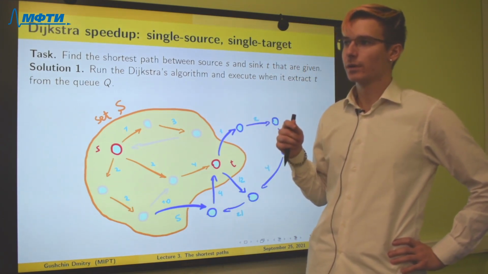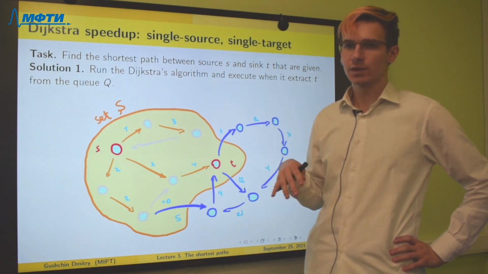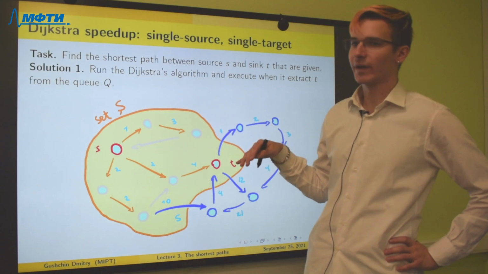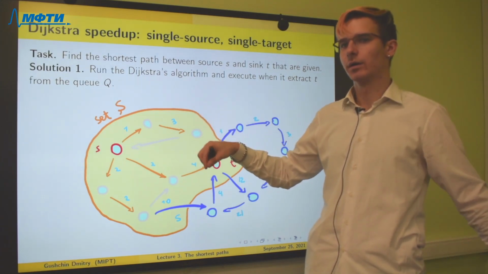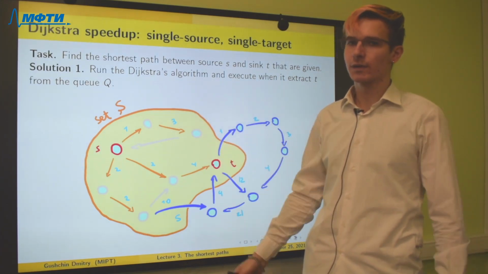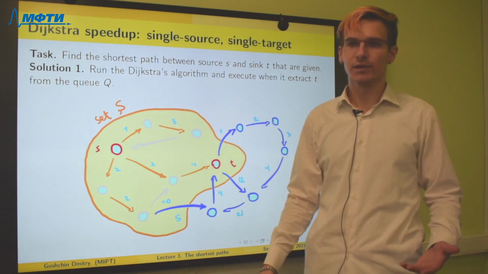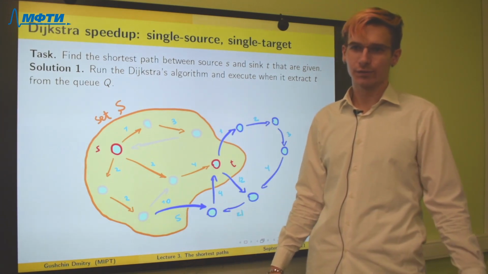For example, if you have a transport system and you want to find the shortest path between two cities, you can use it. Yeah? Because any road has weight as the time that you spend when you use that road.